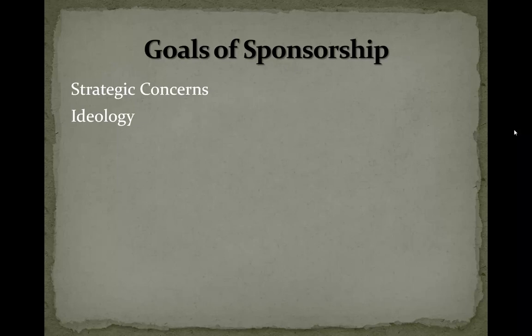Also within this category would be attempts to export a political system. Again, Iran's support for Shia groups in Iraq was directly an attempt to bring about an Iranian-style religious regime in Iraq. And then there's also domestic political reasons for sponsorship.